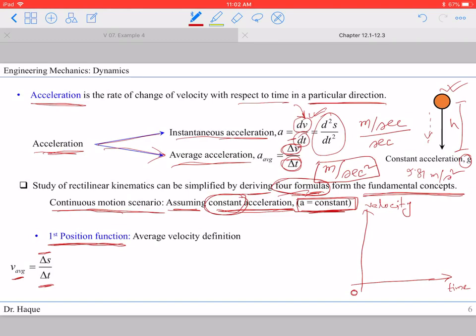We're assuming that the initial velocity at time equals 0 is u, and the final velocity at time t is v. And since we assumed constant acceleration, the change will be linear from here to there.